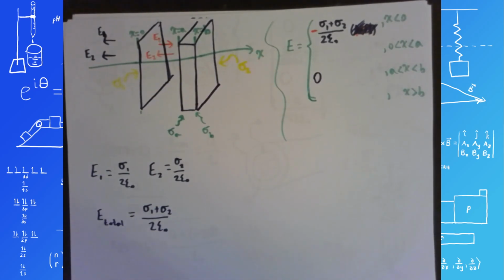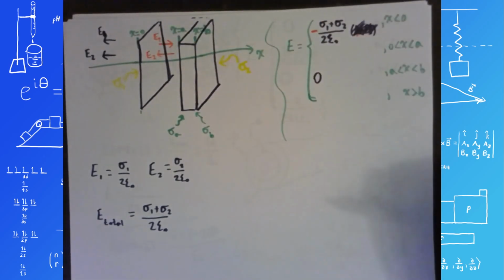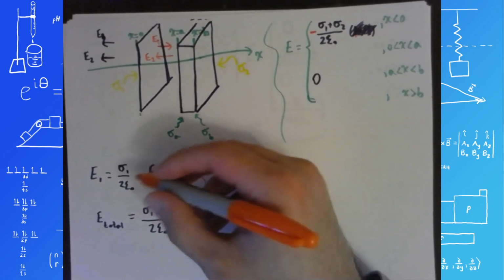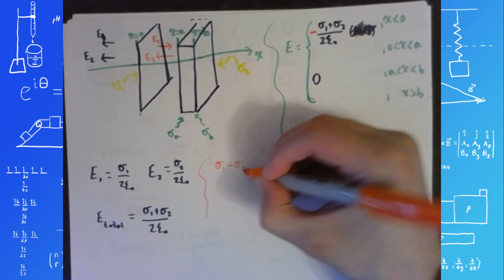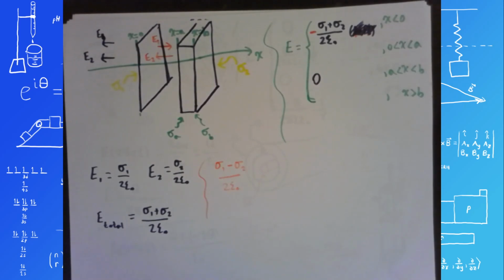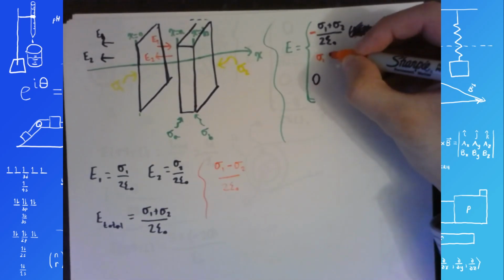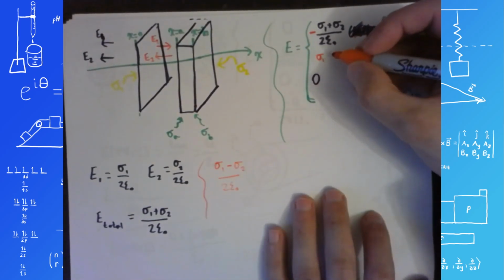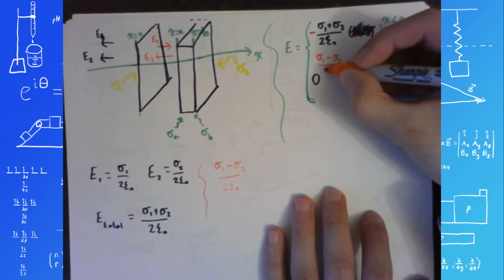And so if I take right to be positive, then essentially what I have here is E1 minus E2, and E1 minus E2 is just going to be sigma 1 minus sigma 2 over 2 epsilon naught. And yeah, just copy that over, and we're good to go. So I'm just using right as positive for this problem, it seems. I'm going to try and stick with that.